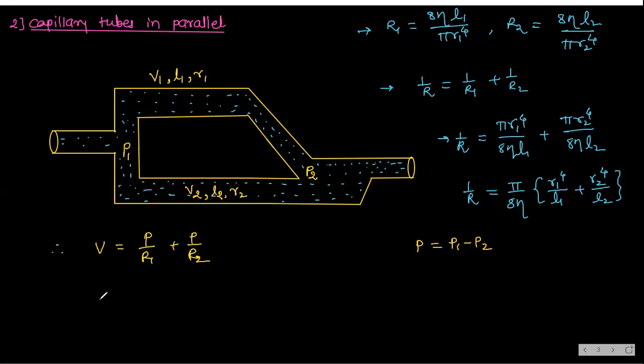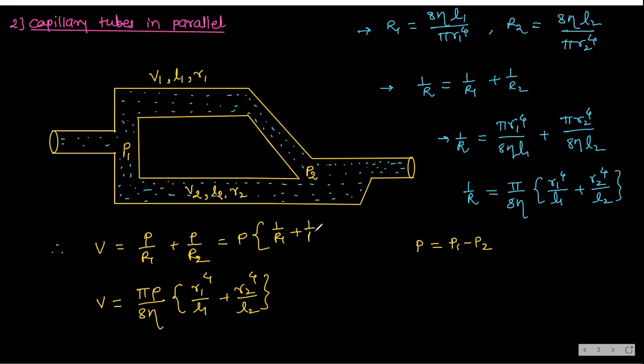And therefore V is equal to pi P by 8 eta into R1 power 4 by L1 plus R2 power 4 by L2. Here I have only taken P common, and this is 1 by R1 plus 1 by R2 value, which is nothing but this 1 by R, and that's why I have substituted it with P multiplied. That's why you got it like this.